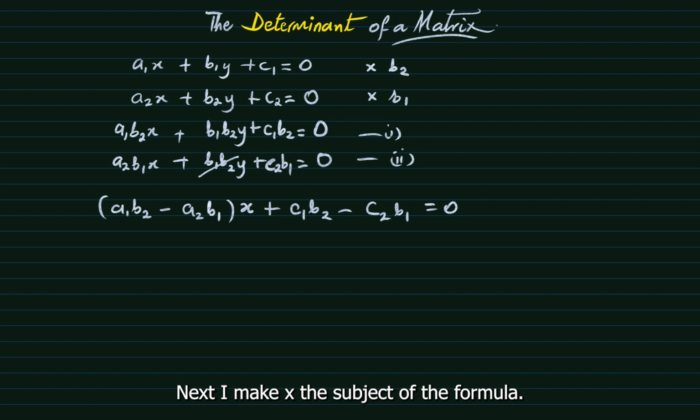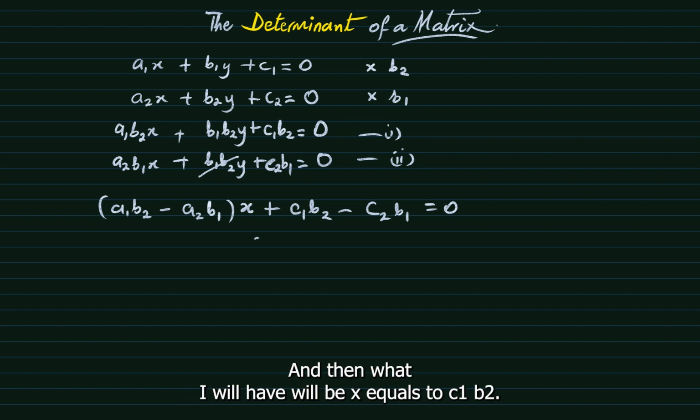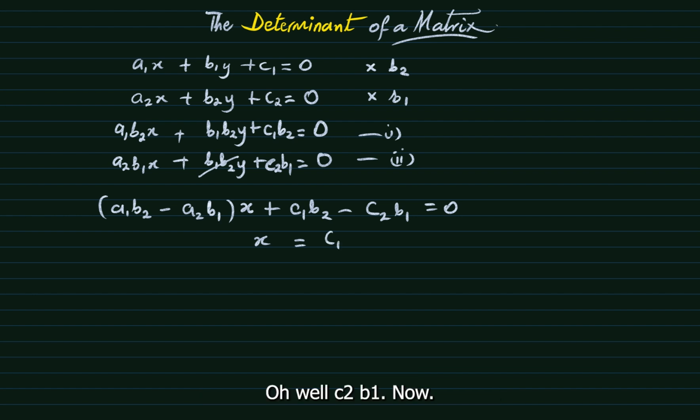Next, I make x the subject of the formula, and then what I will have will be x equals c2 b1 minus c1 b2, divided by a1 b2 minus a2 b1.